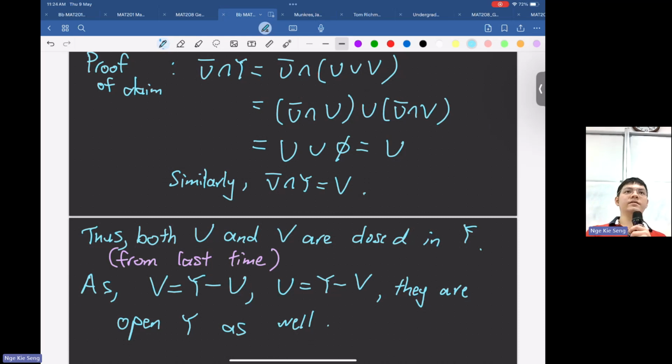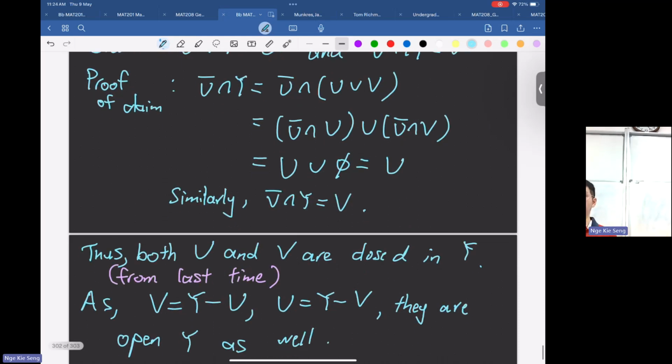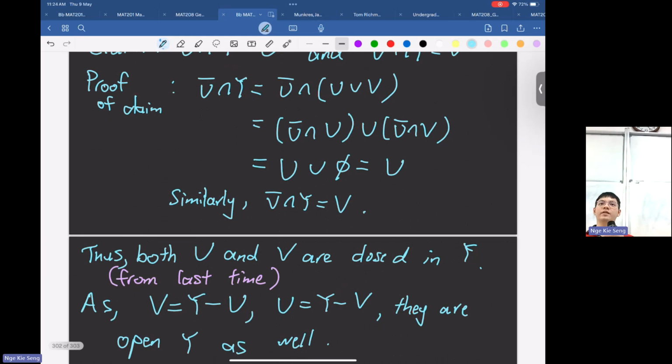Make sense? U and V are closed, so you take their complements, and they are open. Y take away U is just V, so V is open. Y take away V is just U, so U is open.